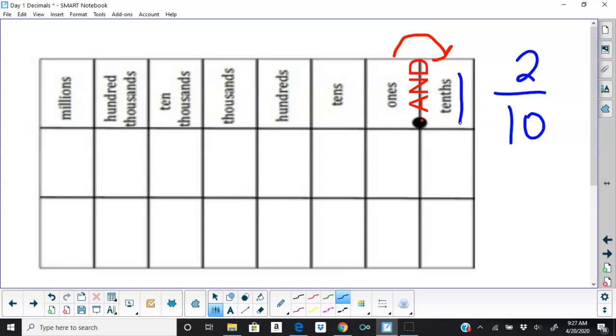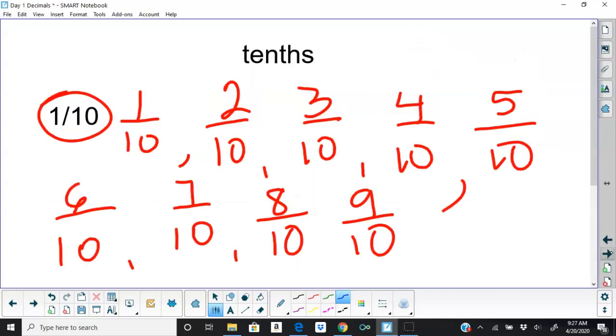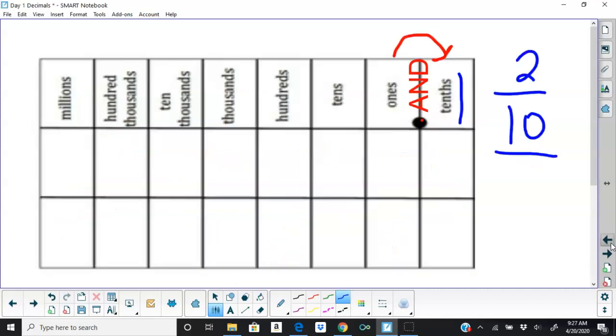When I think about tenths, I actually think about fractions, 2/10. We also have 1/10, 2/10, 3/10, 4/10, 5/10, 6/10, 7/10, 8/10, 9/10. Okay? So fractions and decimals go together.